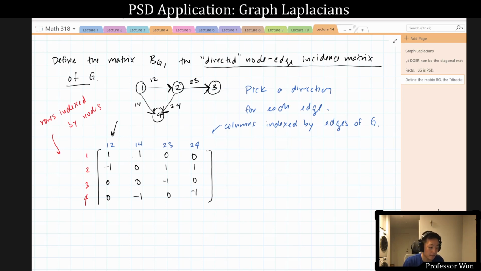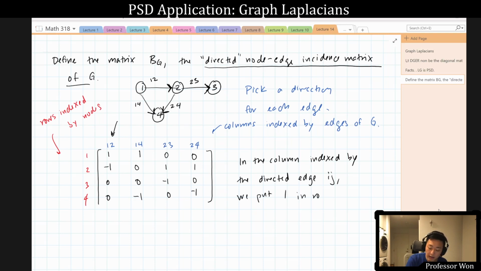So in other words, in the column indexed by the directed edge ij, because I'm just choosing a direction for any of them, we put 1 in row i and negative 1 in row j. In other words, this matrix captures the relationship between the different nodes and the different edges in this graph.